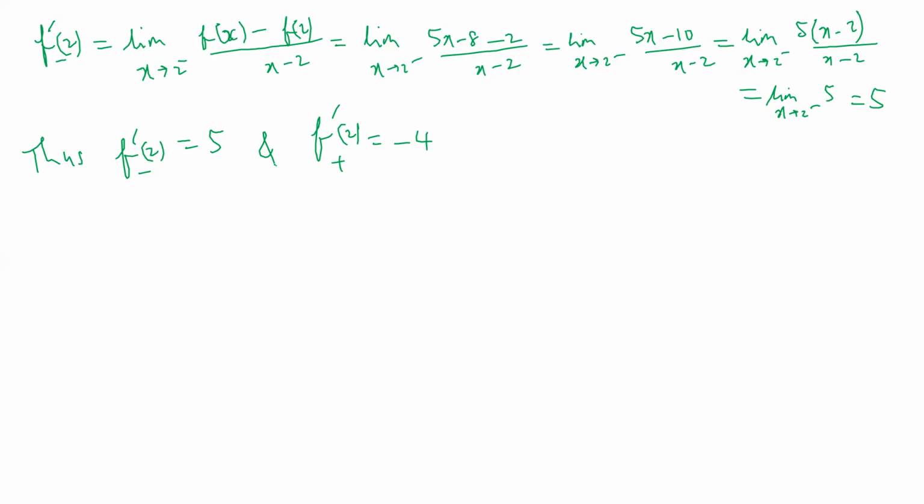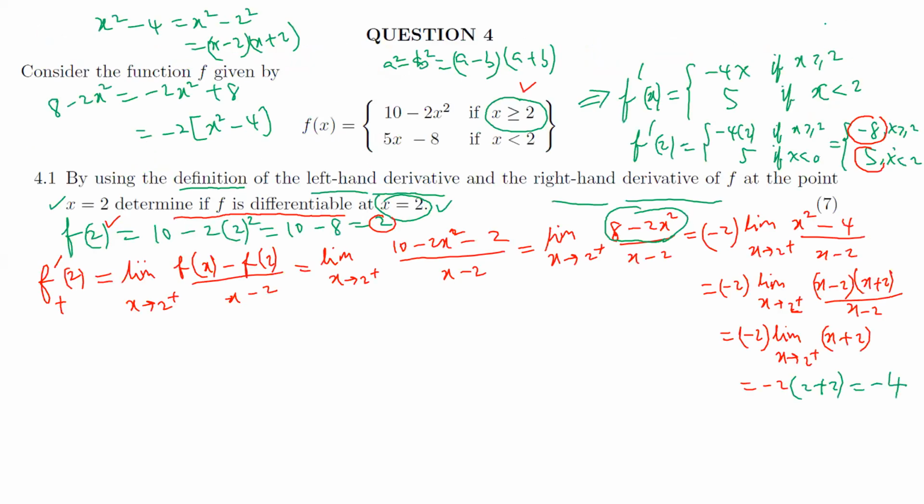Okay, the 5 and minus 4 were already obtained. Minus 8 here. They made a blunder here. Okay, this is 2 plus 2. 2 plus 2 is 4, times 2 is 8. So this is minus 8.